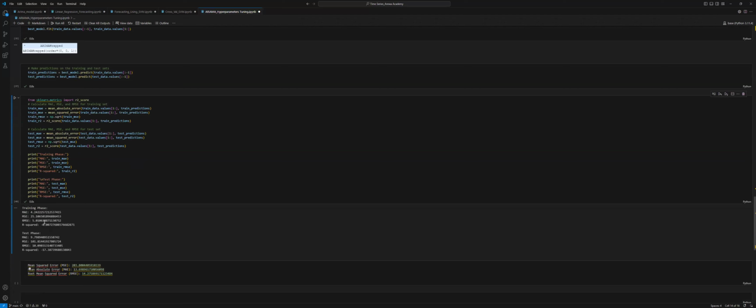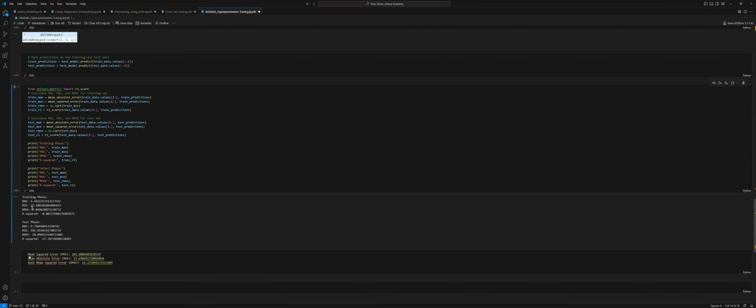So now if you look at this, at the training phase we have an MAE of 4.2422, and at the test set we have an MAE of 9.7989.